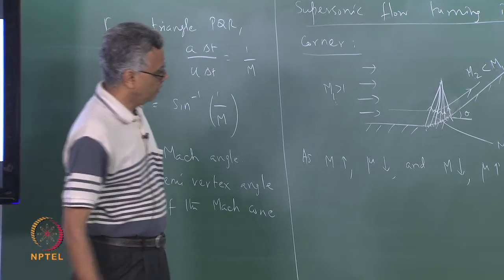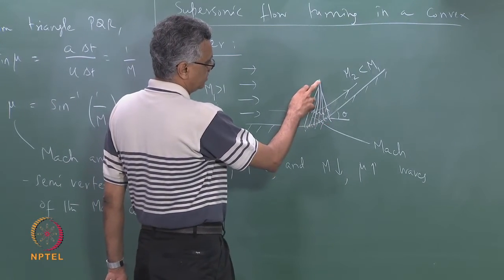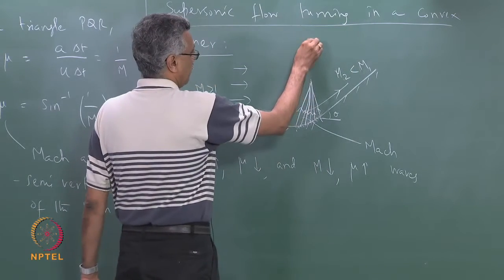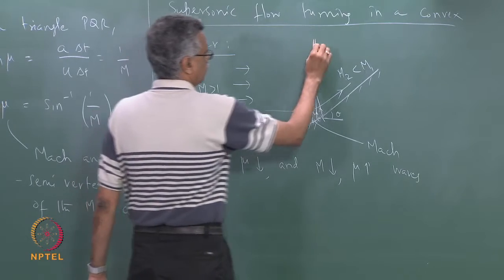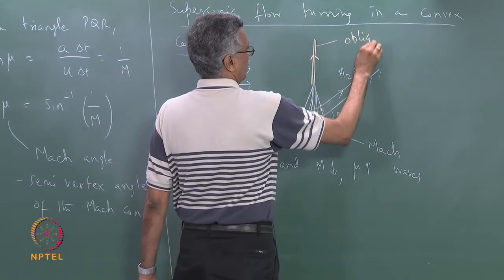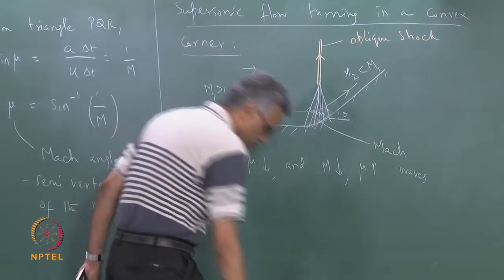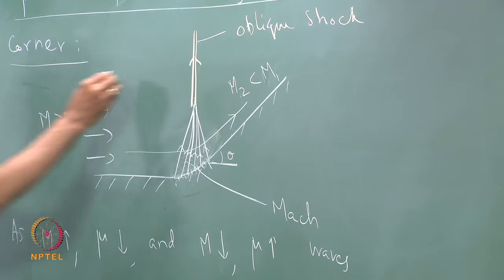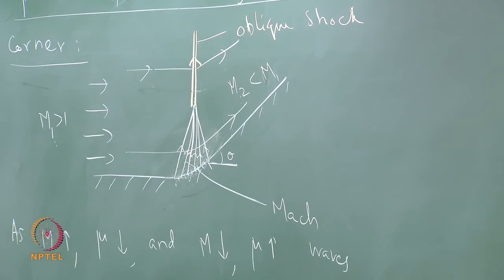But the interesting point is, as these Mach waves focus at a certain point, they all coalesce, and from this point onwards the waves coalesce and turn into an oblique shock. So a flow that goes through like this will go like this.